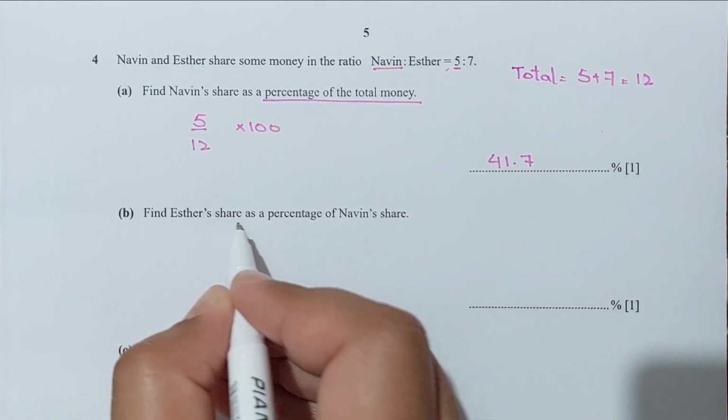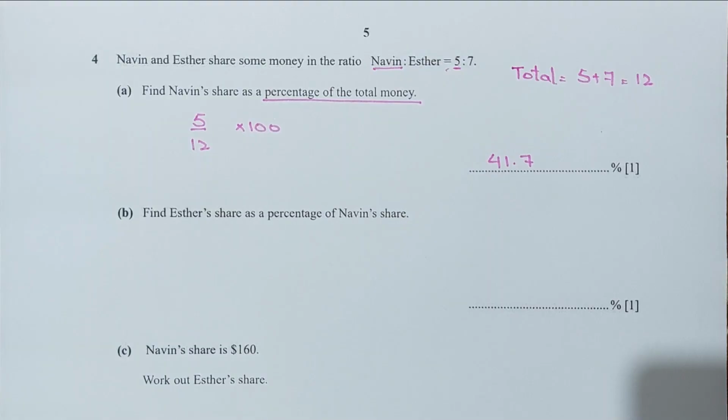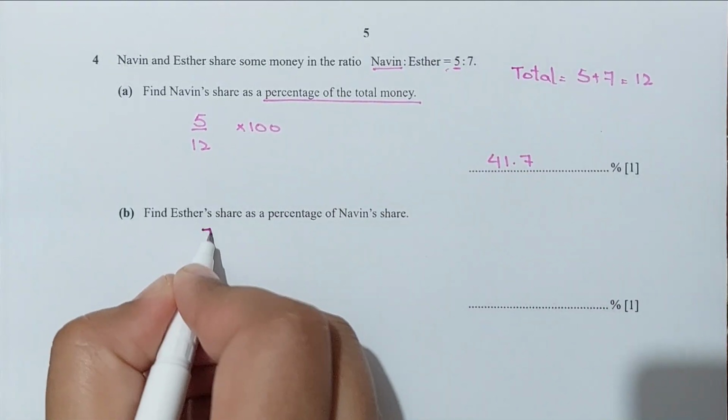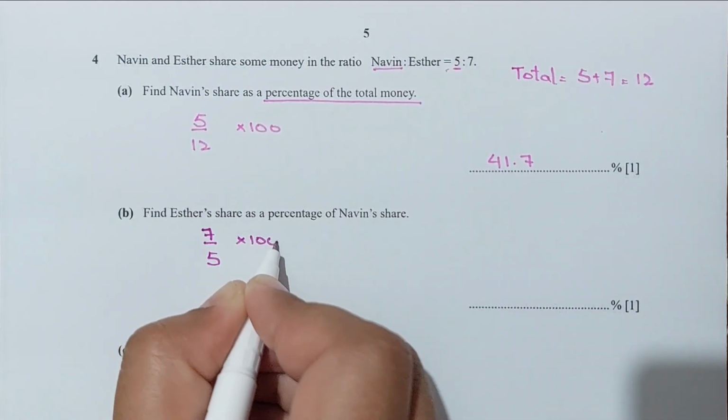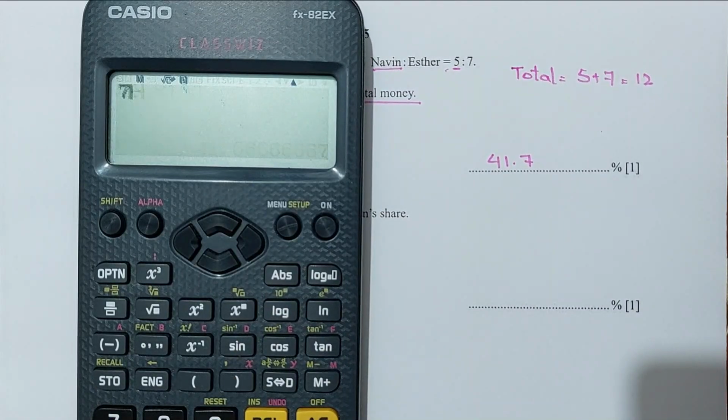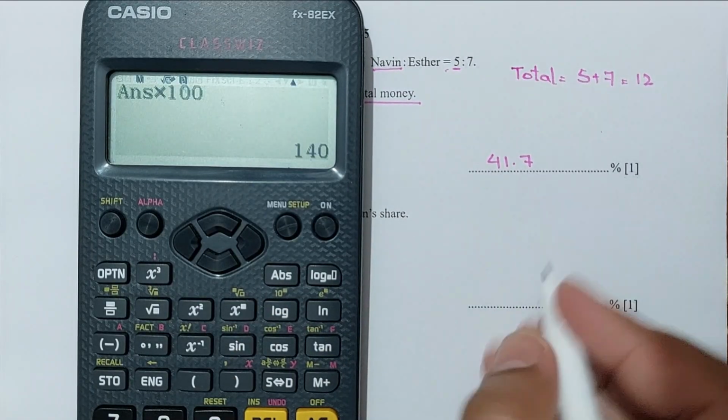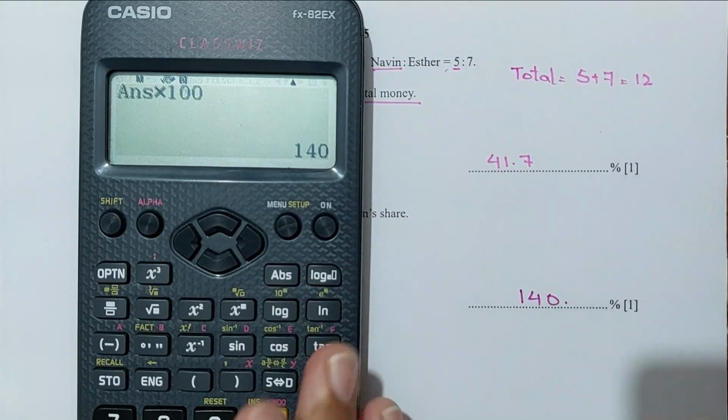Part B, find Ether's share as a percentage of Naveen's share. Ether is 7 and Naveen is 5, times 100. 7 out of 5 times 100 is 140%.